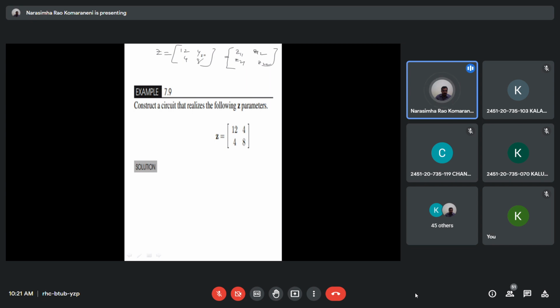Now they are asking to construct a circuit, means how to find out the series arm resistance value and shunt arm resistance value. Here to construct a circuit, that is T circuit. For these given Z parameters, what should be the values of R1, R2, and R3?